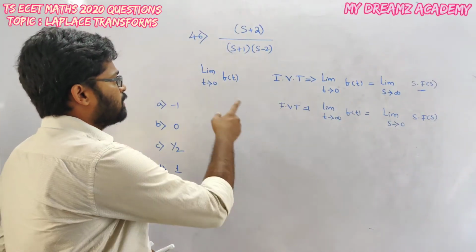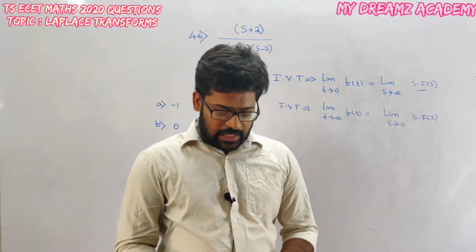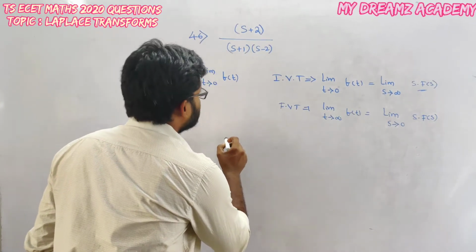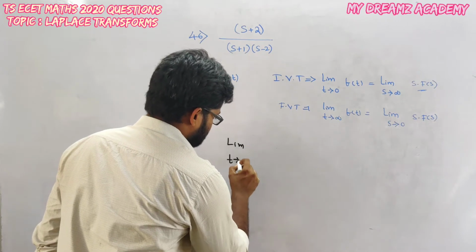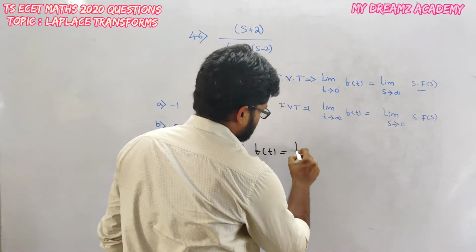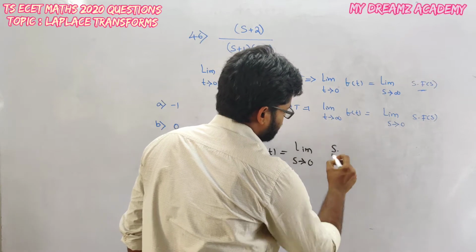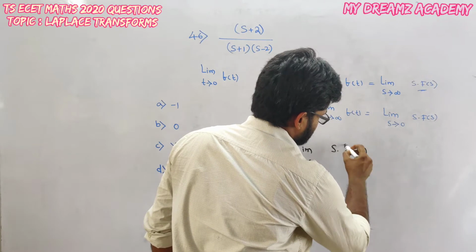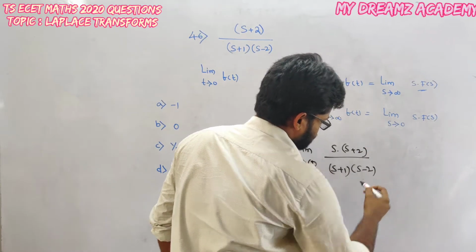Now here it is t tends to 0, so we need to apply the initial value theorem. Now the initial value theorem we should apply like this, that is limit t tends to 0, f of t is nothing but limit s tends to infinite, s into (s plus 2) divided by (s plus 1)(s minus 2).